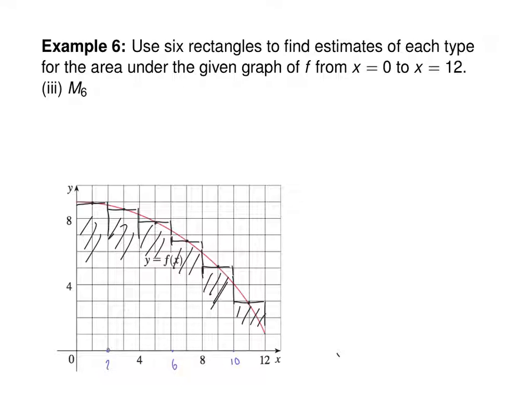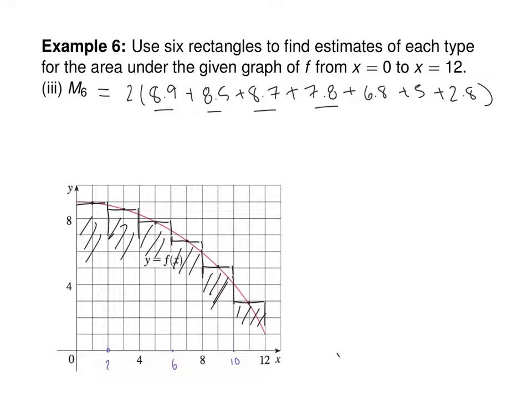Okay. So I guesstimated 8.9, 8.5, 7.8, 6.8, 5, and 2.8. Notice there are 1, 2, 3, 4, 5, 6.